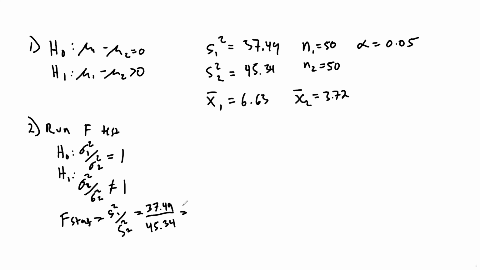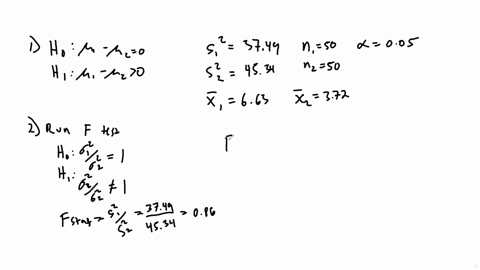The beauty of this is you can pause this video, divide it out, and double check your answer. So what I got is 0.86. If you got something a little bit different, totally fine still. Again, I'm worried about the steps. So you have your f-stat.